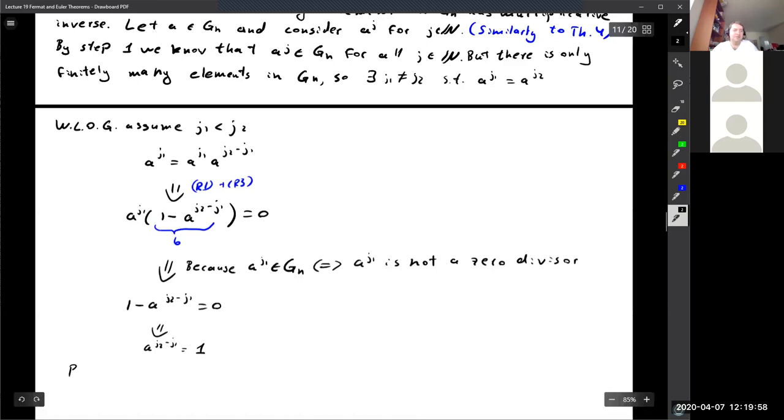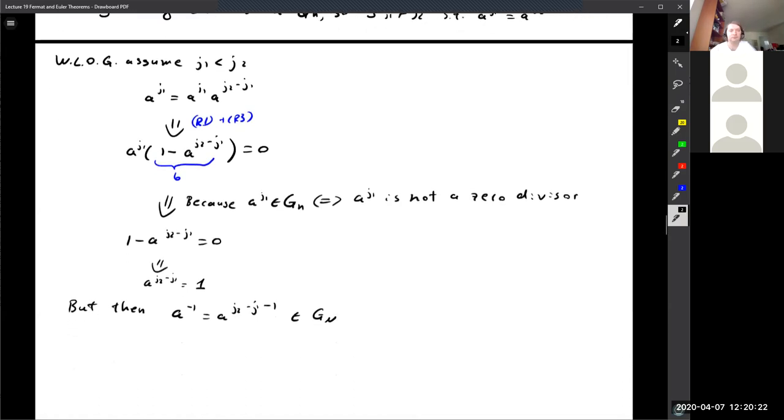But then we can take A inverse to be A to the J2 minus J1 minus 1. And that belongs to our Gn, obviously. So every element in Gn has a multiplicative inverse. Hence, Gn is a subset of Zn cross.